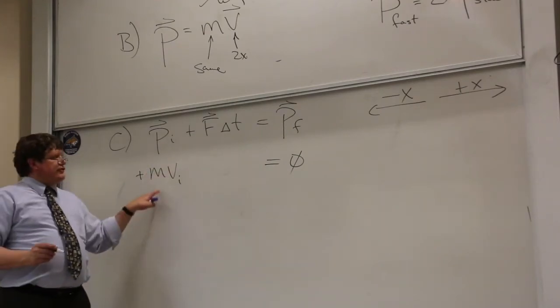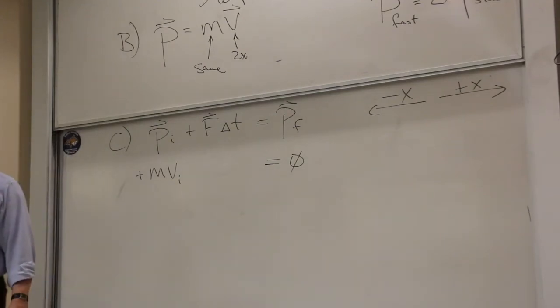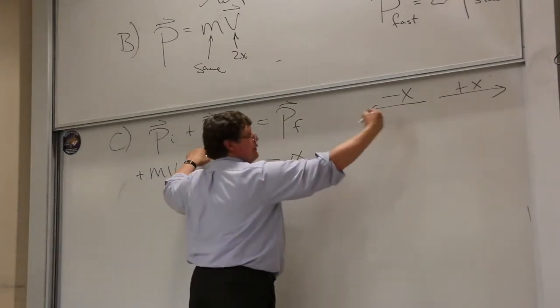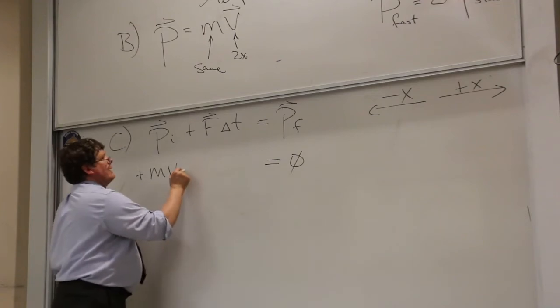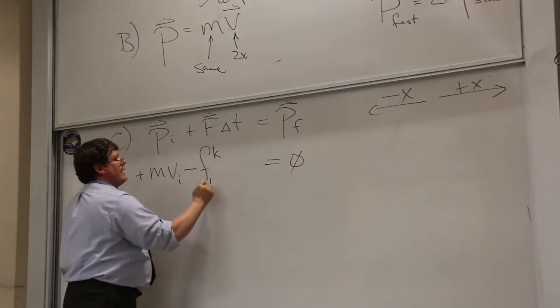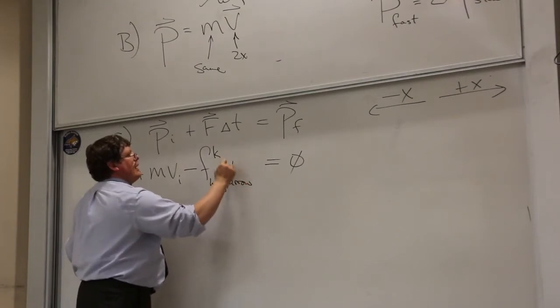Now the force that is changing this momentum is the friction that is acting by the hay on the arrow. Now because that friction force is pushing on the arrow to the left, that would be a negative force. That would be the kinetic friction by the hay on the arrow, times the time.